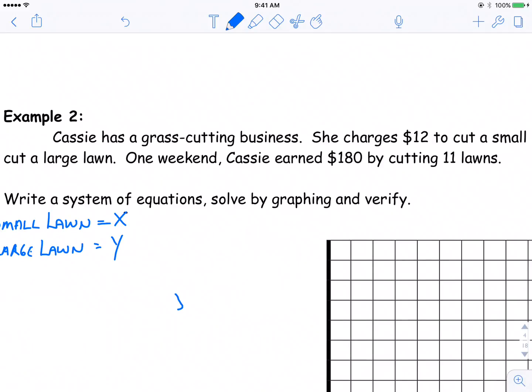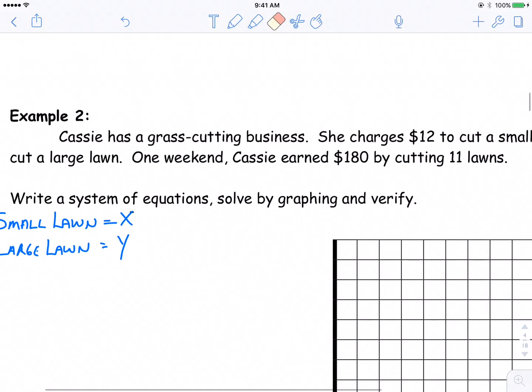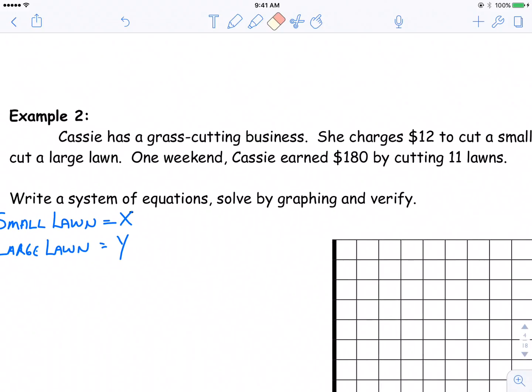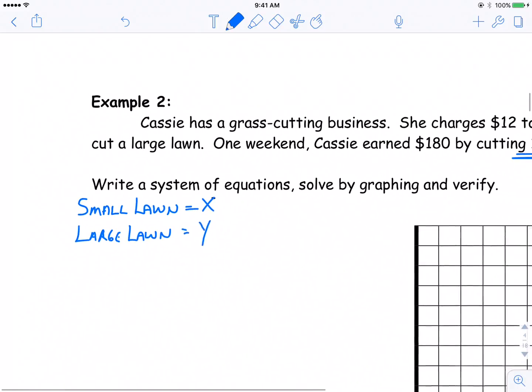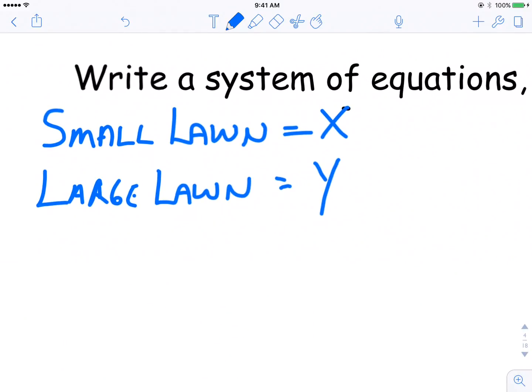We know that she earns $180 by cutting 11 lawns. So she has to cut 11 lawns, which means X plus Y is equal to 11, that's our total number of lawns.